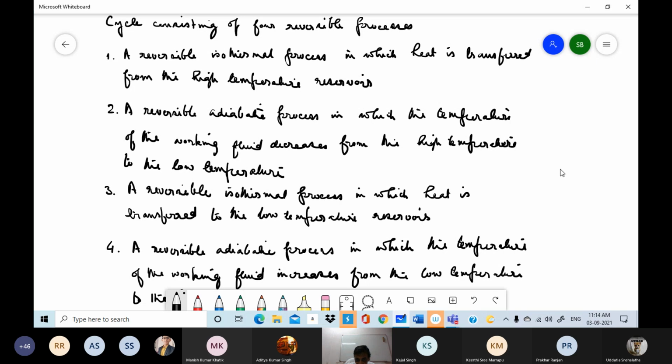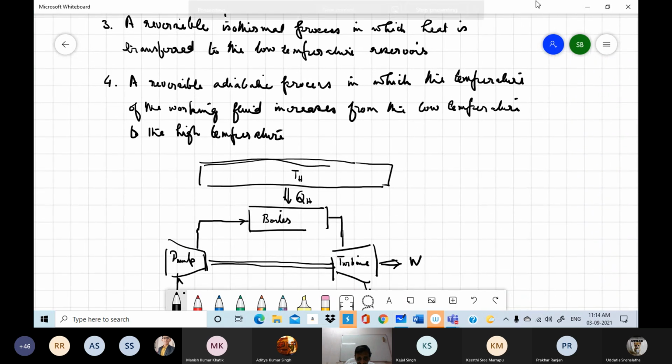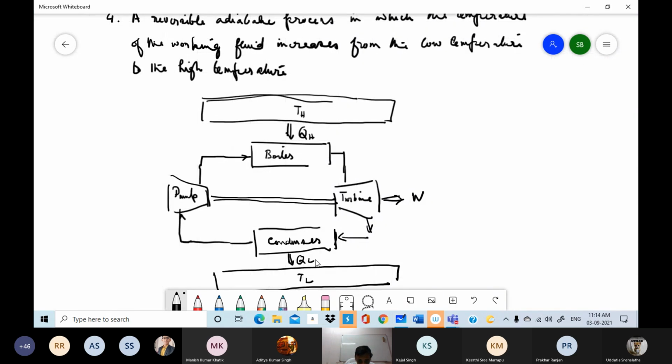If you reverse everything, this QL will go from the low temperature source to this. So it will extract QL from the low temperature source. So the low temperature serves as a source.